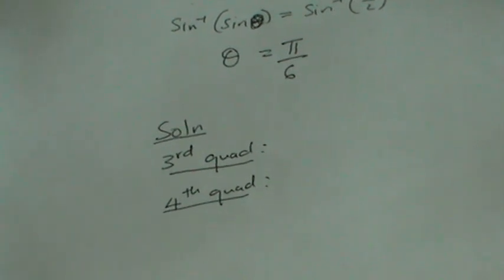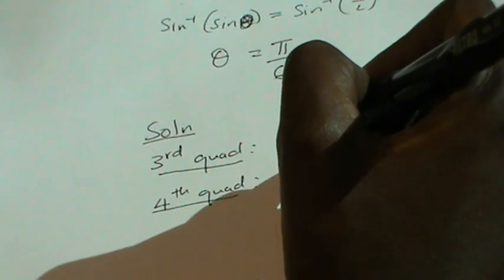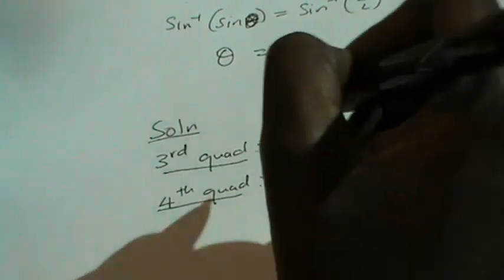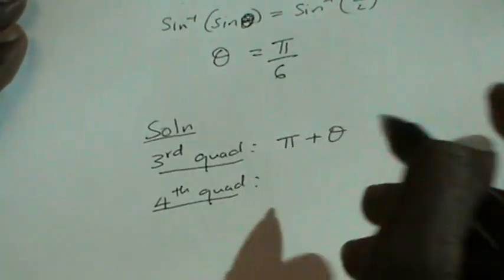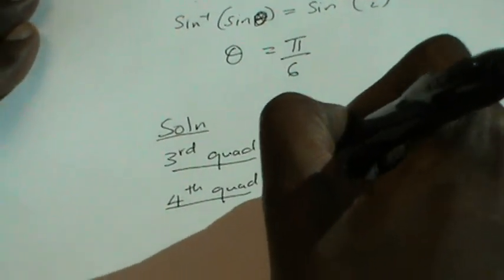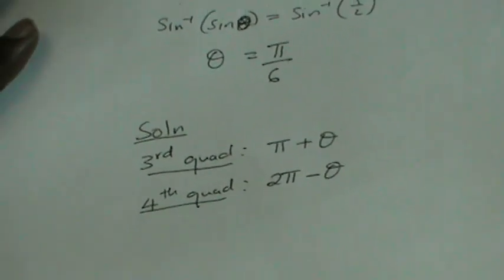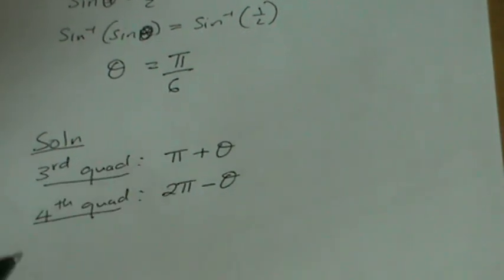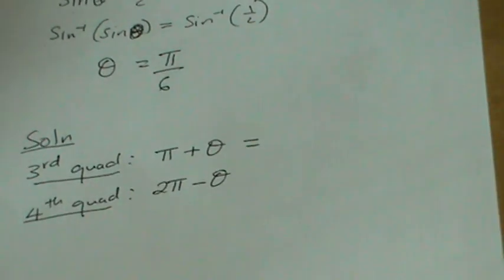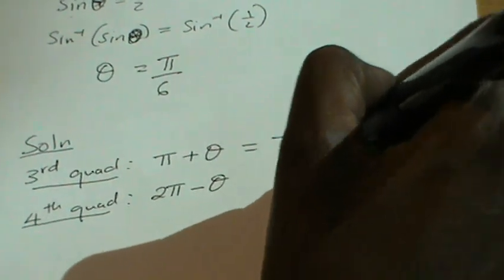An angle in the third quadrant, we define it as 180 plus theta, but here we're working with radians, so it is pi plus theta. And in the fourth quadrant, we define it as 2 pi minus theta. Then we just need to substitute, remember what theta is. So in the third quadrant, this will be pi plus pi over 6.